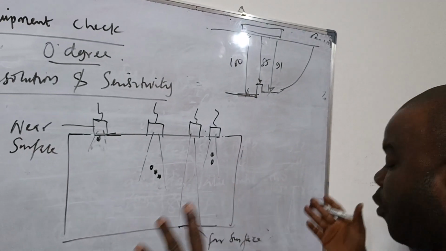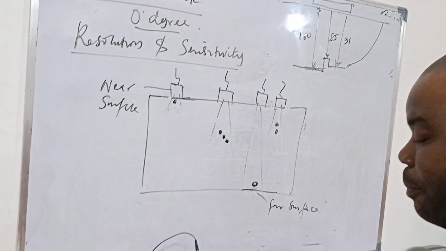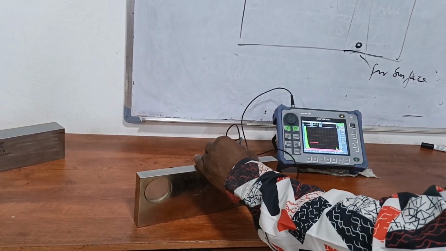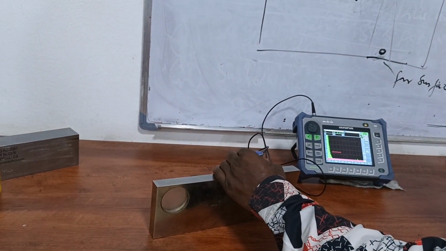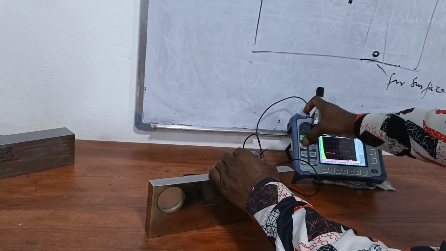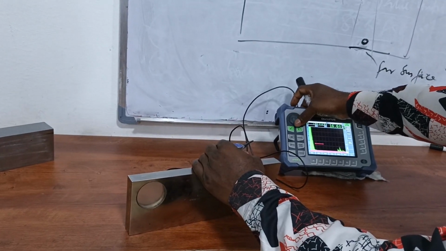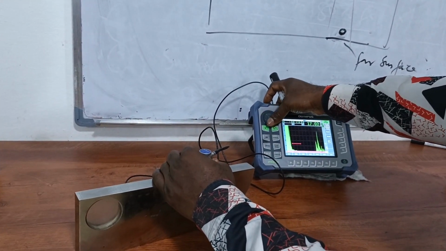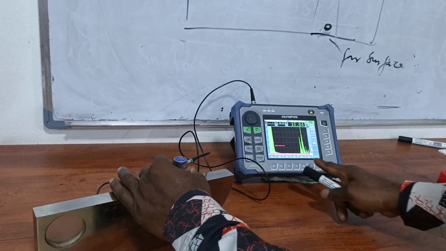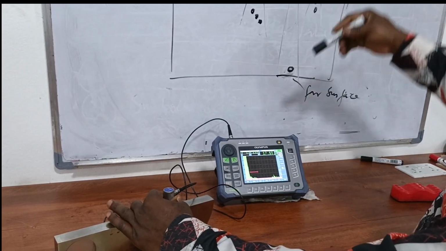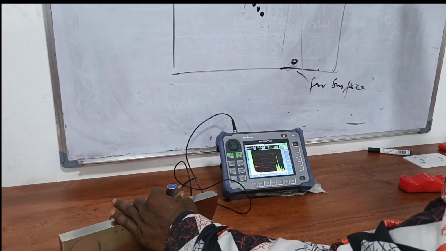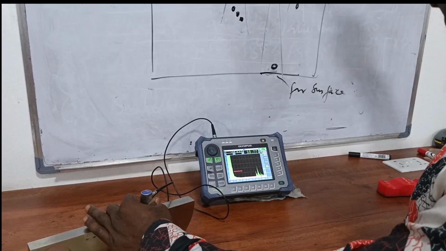If my equipment is properly calibrated and I put the probe in, I should be able to see clearly three indications. If you look at this, you will see 85, then this second one should be 91 and this third one should be 100.